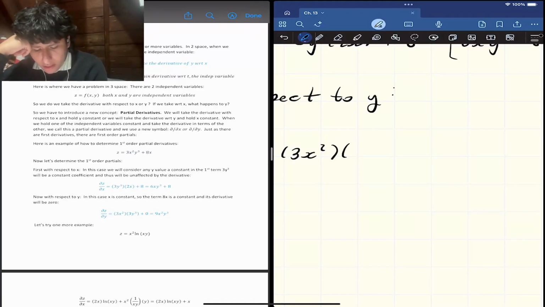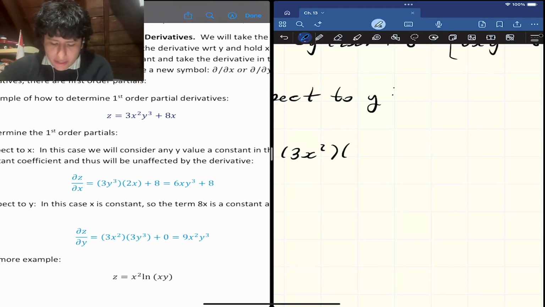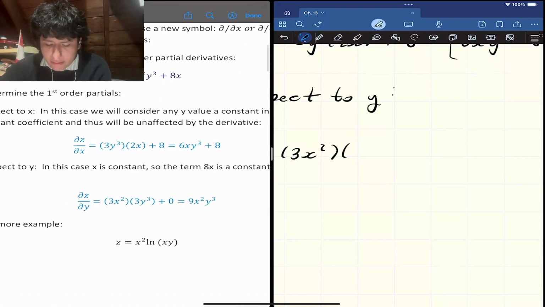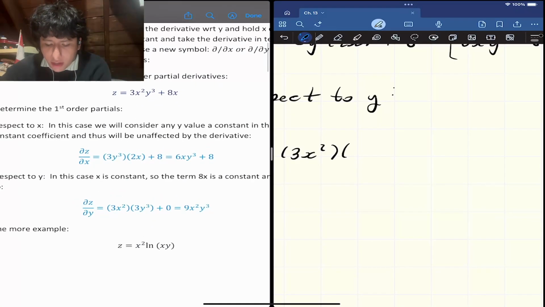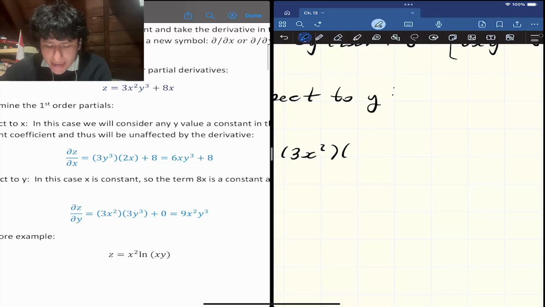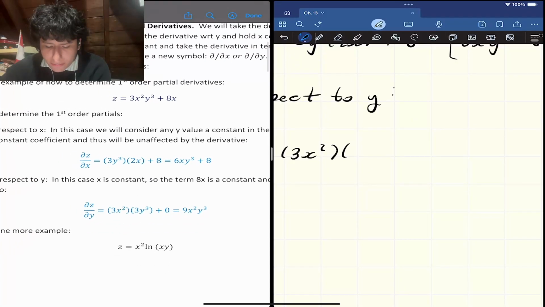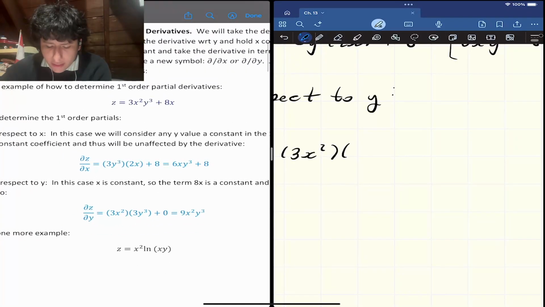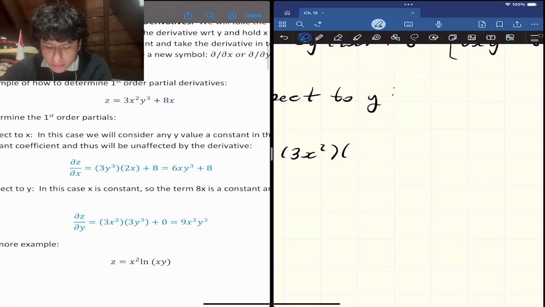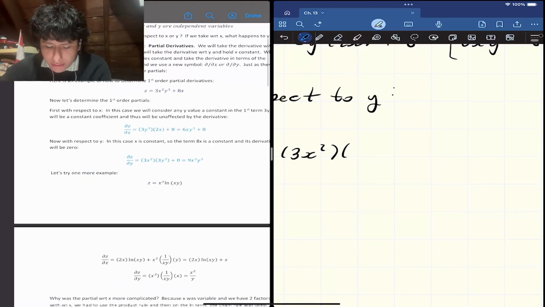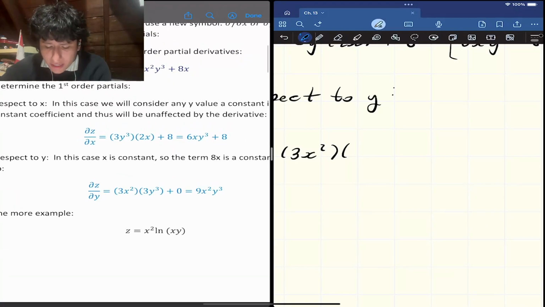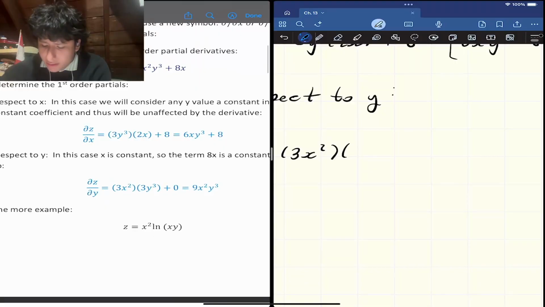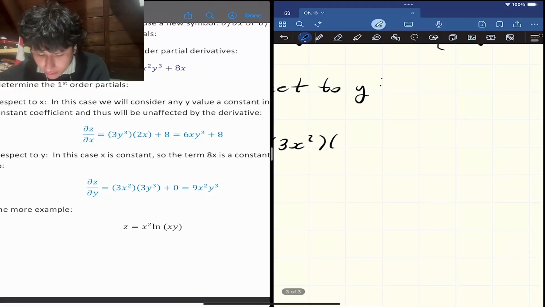I'm confused. Because, for example, when we did z with respect to x, I get the fact that you took off that 3y cubed, because that's a constant, multiplied now by x squared plus 8. That x squared would be differentiated, it'd become 2x, and then plus 8 because that x goes away. With respect to y, though, I get the 3x squared becomes a constant. And then you differentiate y cubed, and you get 3y squared.